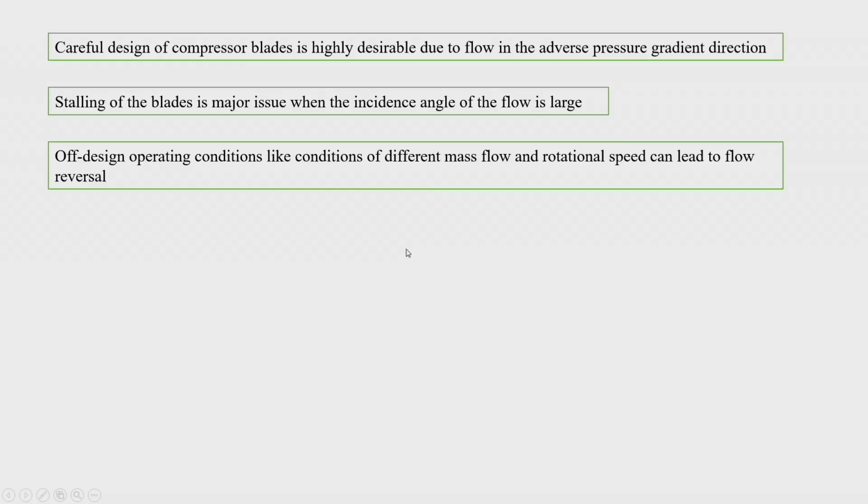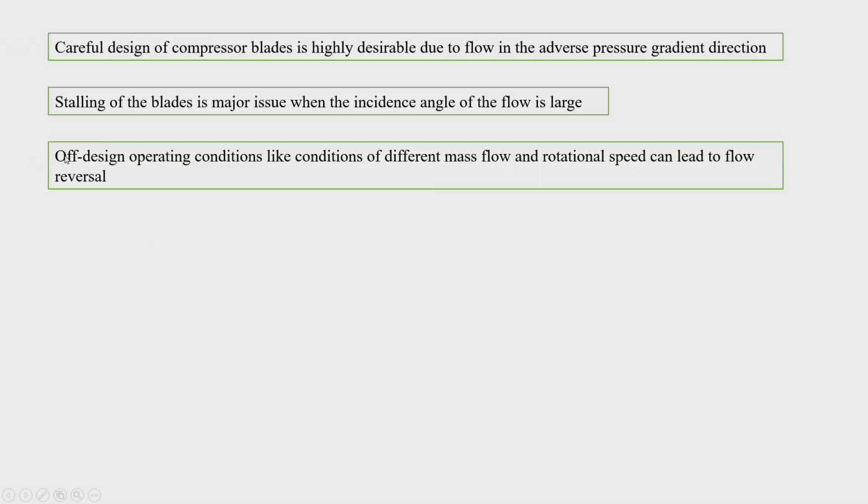Basically, the problem the adverse pressure gradient leads to is stalling of the blades, in the specific cases where the flow strikes the blades at higher relative angles. So, this would lead to stalling of the blades, and that may lead to flow separation.